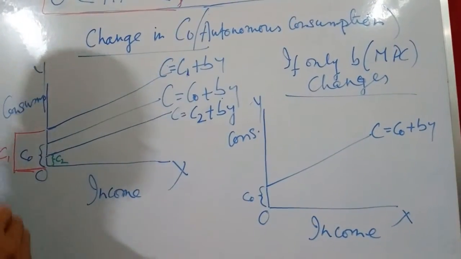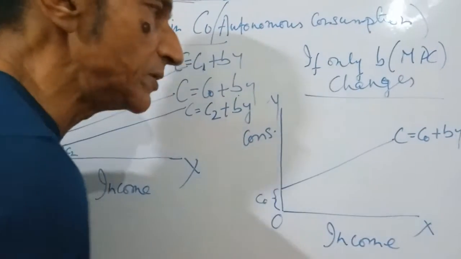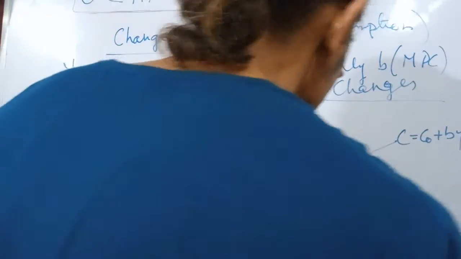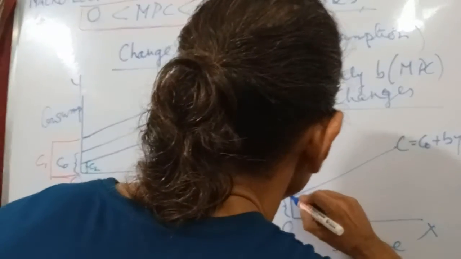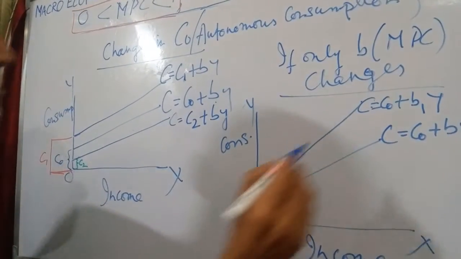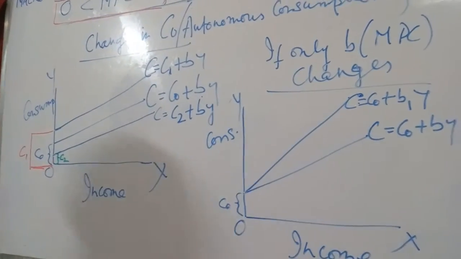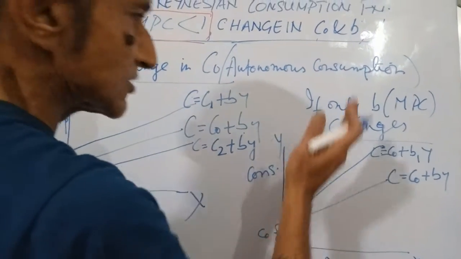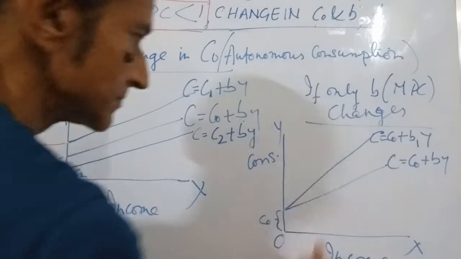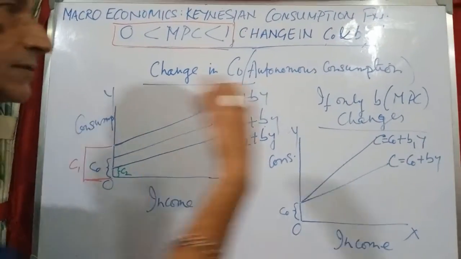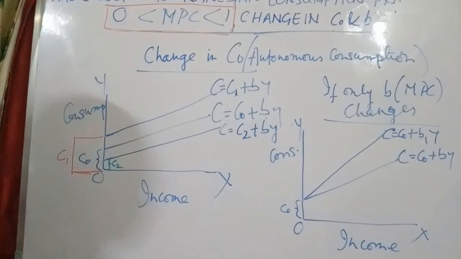If B increases, say B becomes B1 without any change in autonomous consumption and income, then the C line will be C equals C0 plus B1Y. Correct? That means the slope of the consumption function is changing. The slope is increasing when there is increase in MPC.